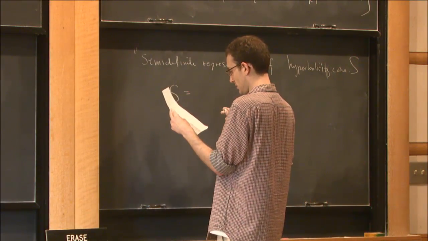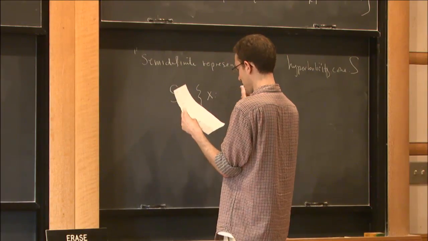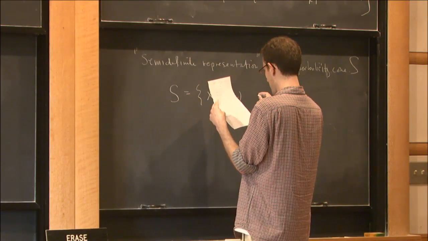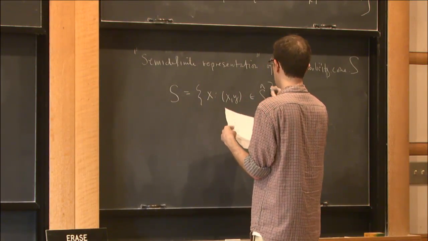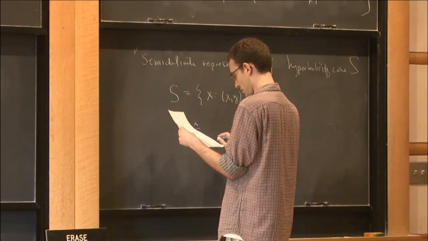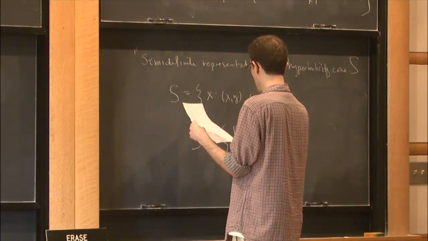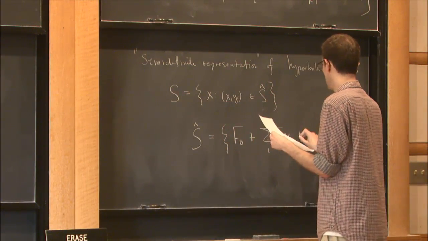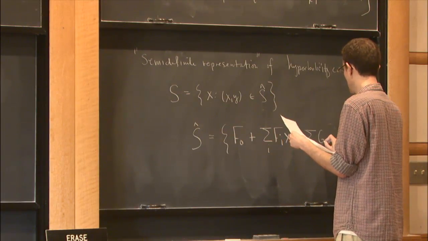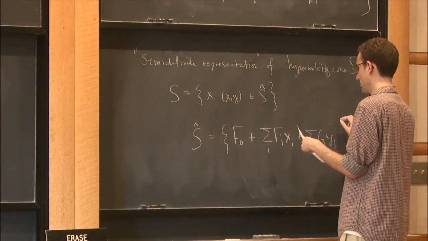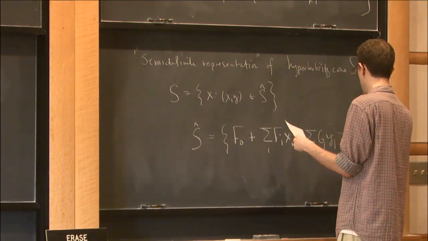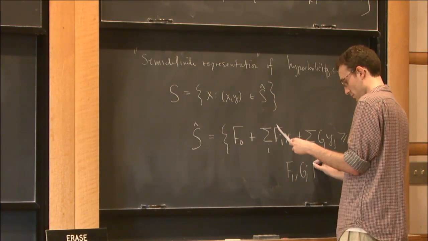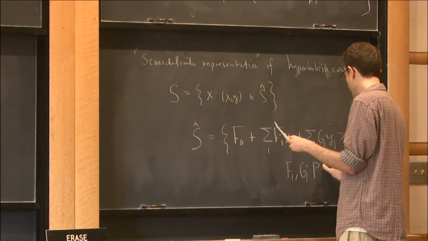So S is a collection of x such that there exists y with (x, y) in S, where S is the collection of F_0 plus the sum of the F_i's and the G_j's, say positive semi-definite.